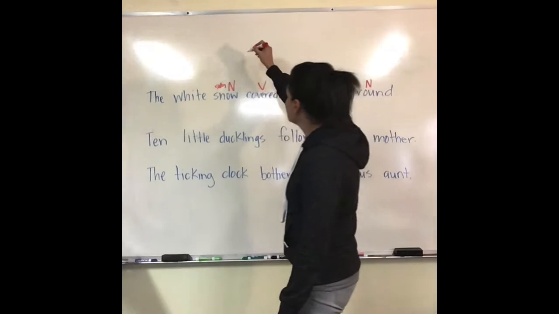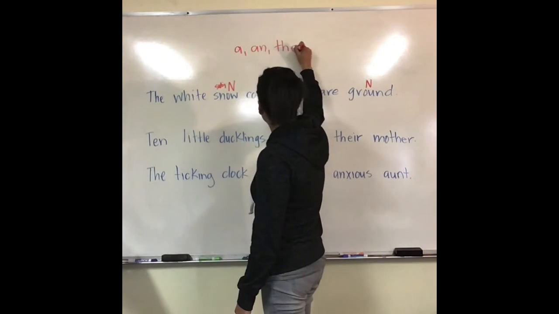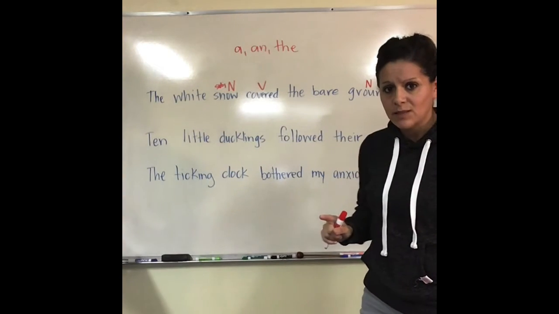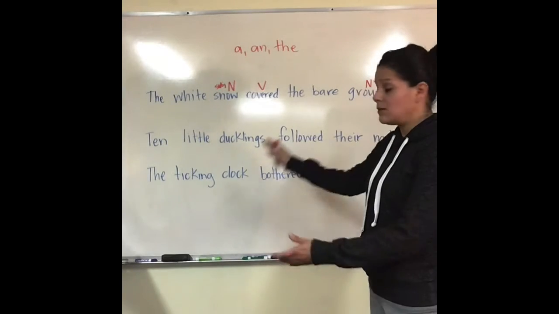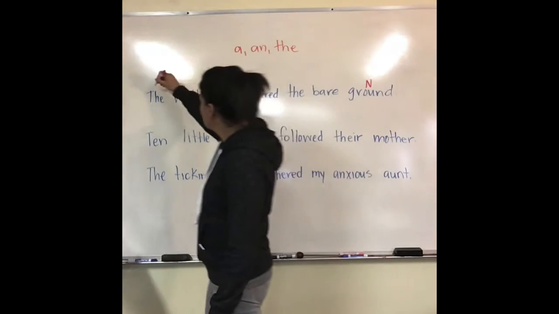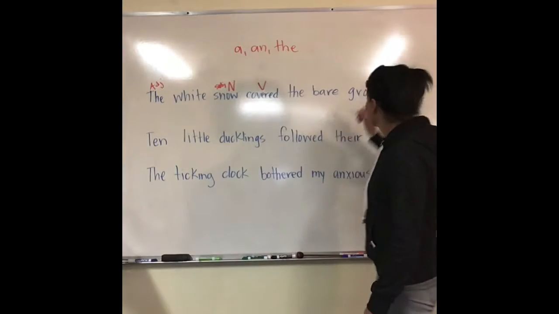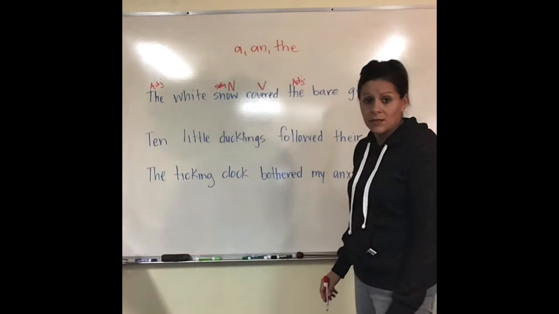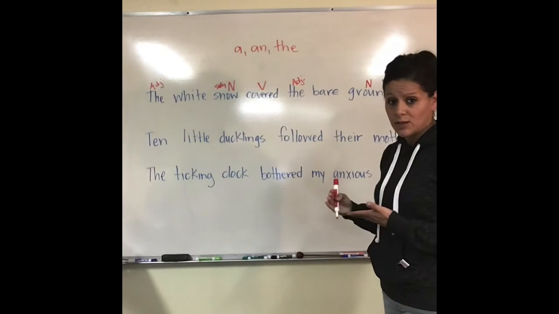And they are the words a, an, and the. So when we go and find our adjectives, the first thing you should be finding is these three words. Okay? So do we have those three words in our sentence? Yes, we do. We have the over here, which is an adjective, and we have the over here, that's an adjective. So we actually have already found some adjectives without having to go through our questions.